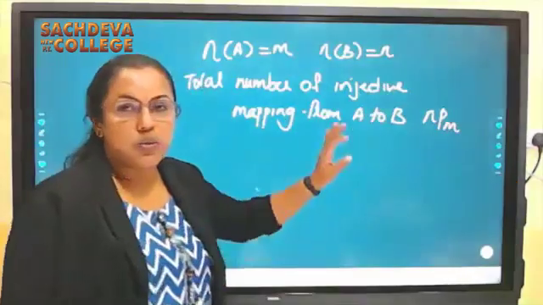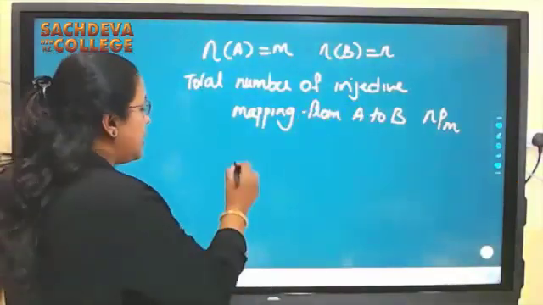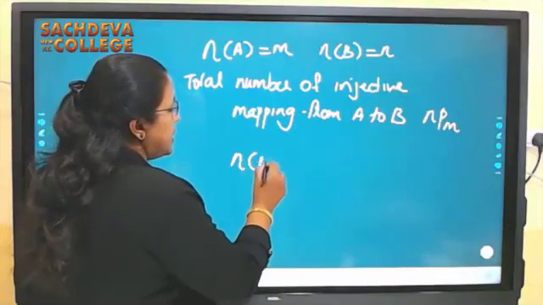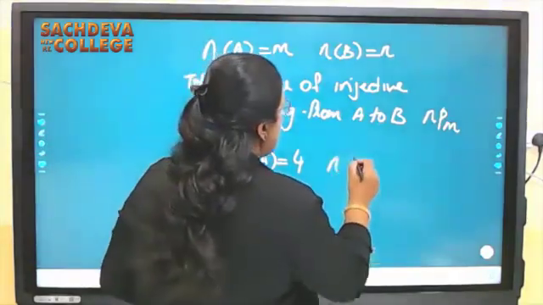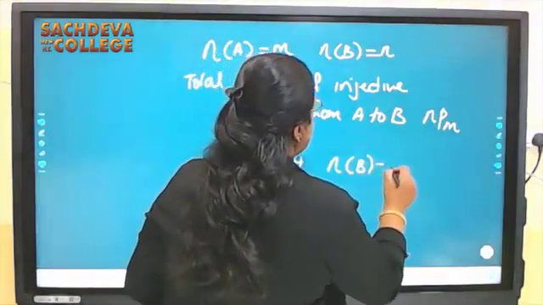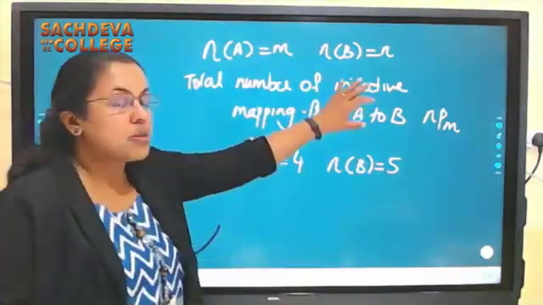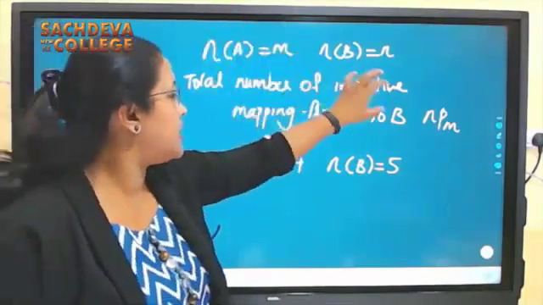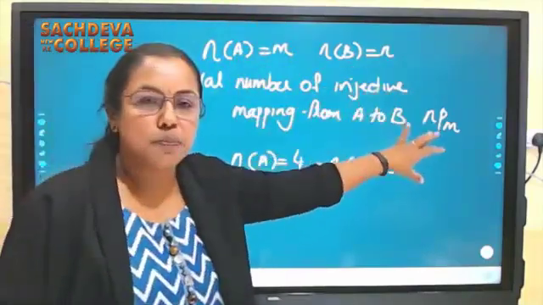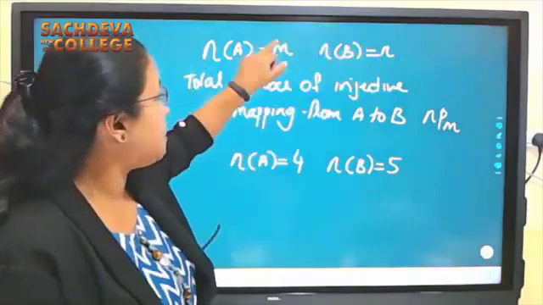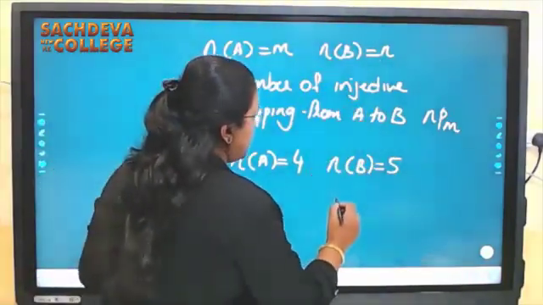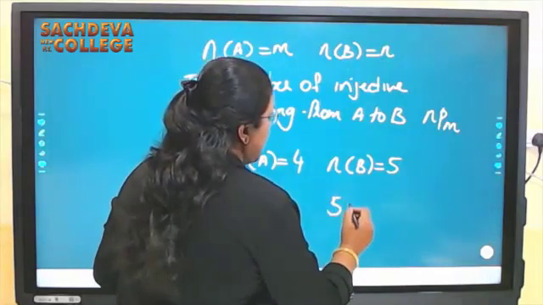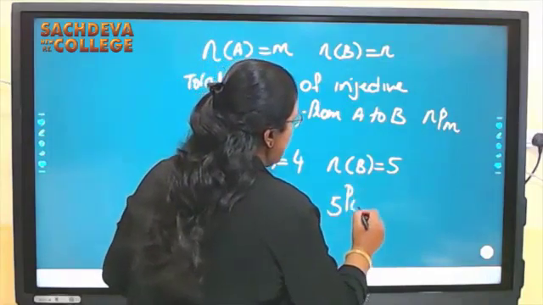Here we can use the formula directly. Here it is given number of elements of A is equal to 4 and number of elements of B is equal to 5. Then using this formula, the total number of injective mapping from A to B is 5P4.